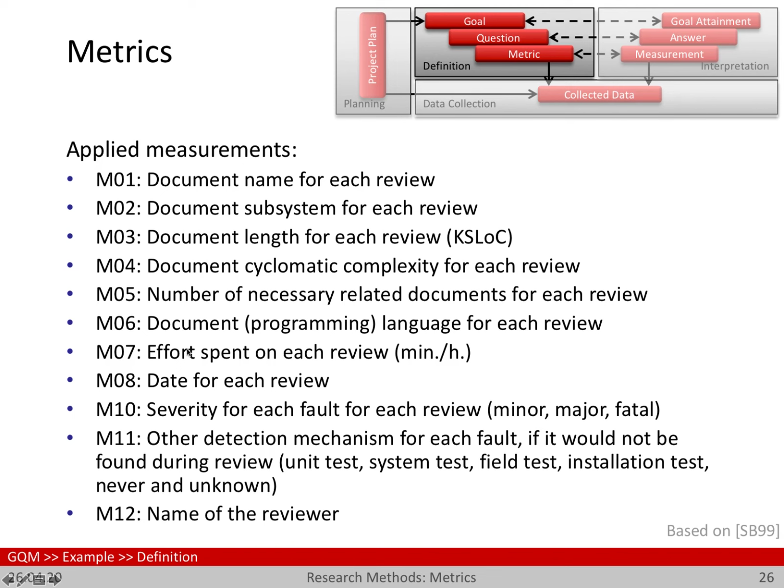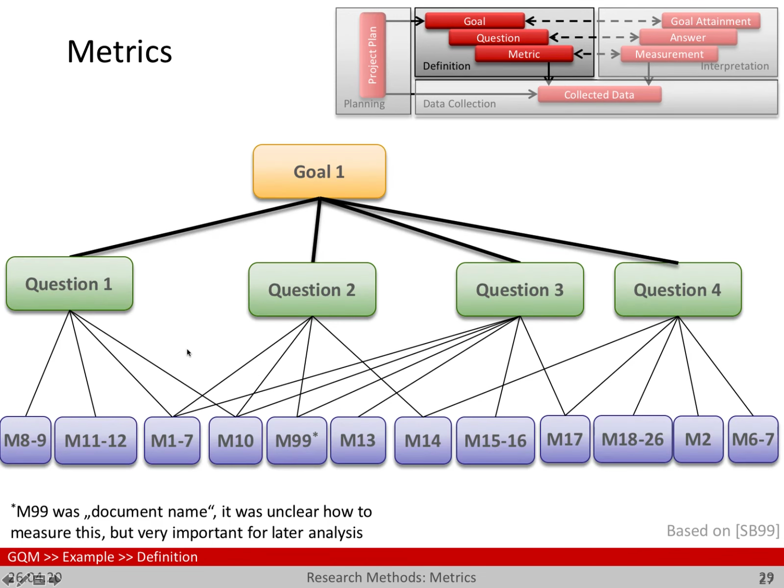So these are these metrics, and all of that together led to a large set of metrics. You see here sometimes one of these blocks is only referring to a complete set of metrics. So we have a total, it goes here up to 26, and then we also have one metric 99.